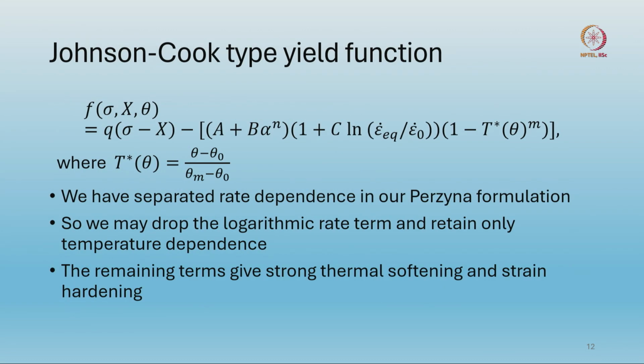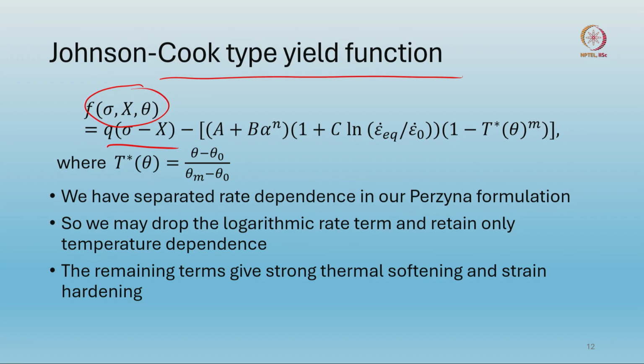Now this is a very famous model for metals. After World War II, this kind of a thing was developed by Johnson and Cook. And that tells you F is of the following form: Q as before, the equivalent stress.